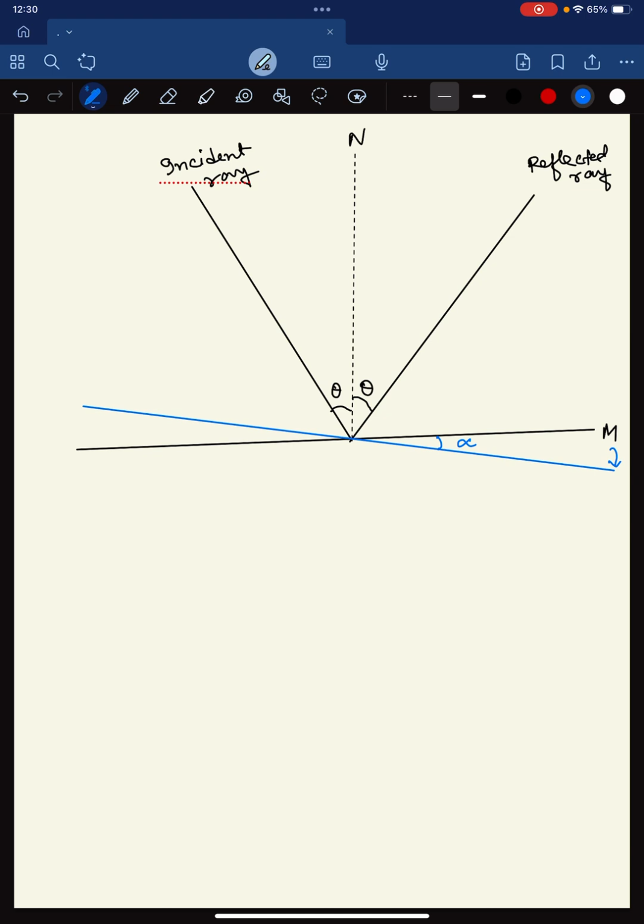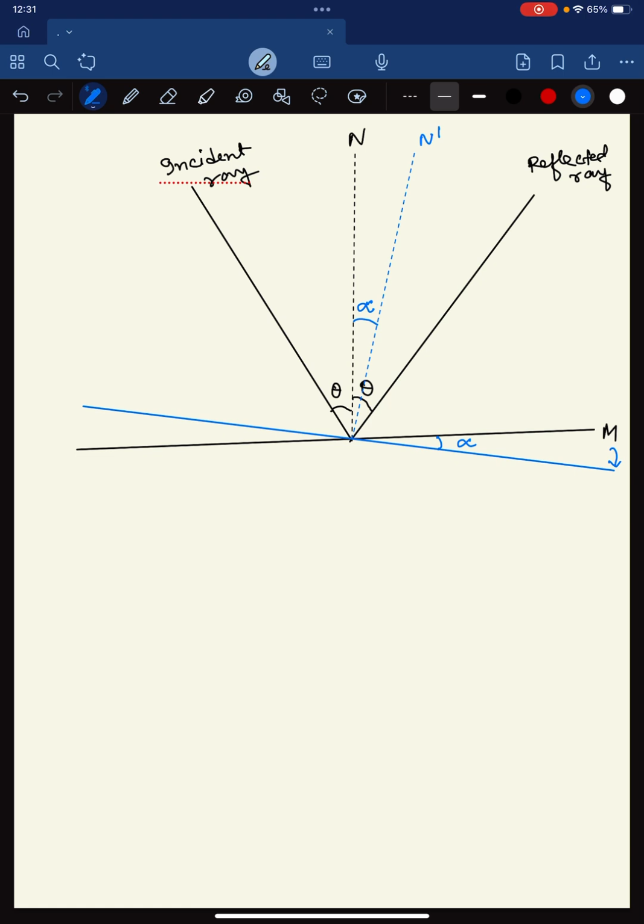So if the mirror rotates through an angle alpha, now the normal is also rotated through an angle alpha, because now the normal will not be at the same position. So the new normal to this mirror, after rotation, may come here, and let me call it n dash, and so now this angle will also be alpha, right?